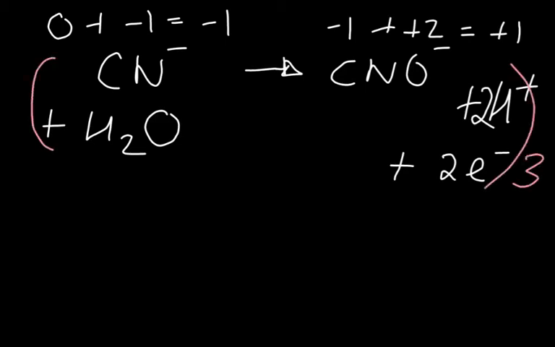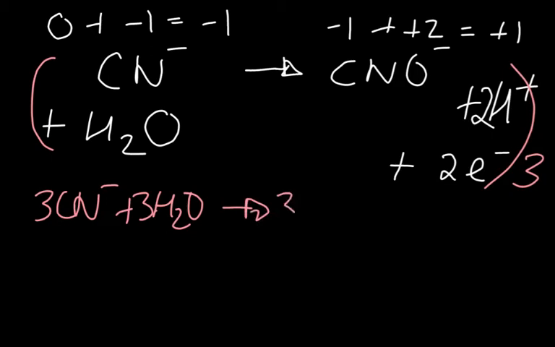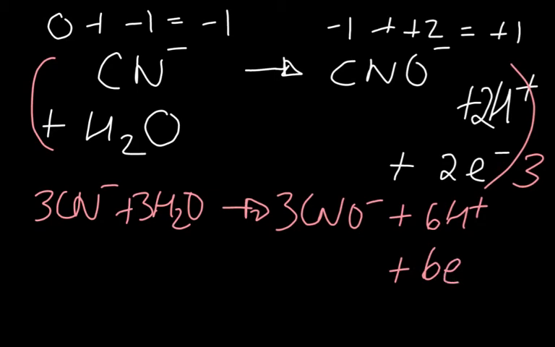So we have to multiply both sides of the reaction here by 3, so we also get 6 electrons, so we can balance the other half reaction. Okay, so let's write these reactions out.